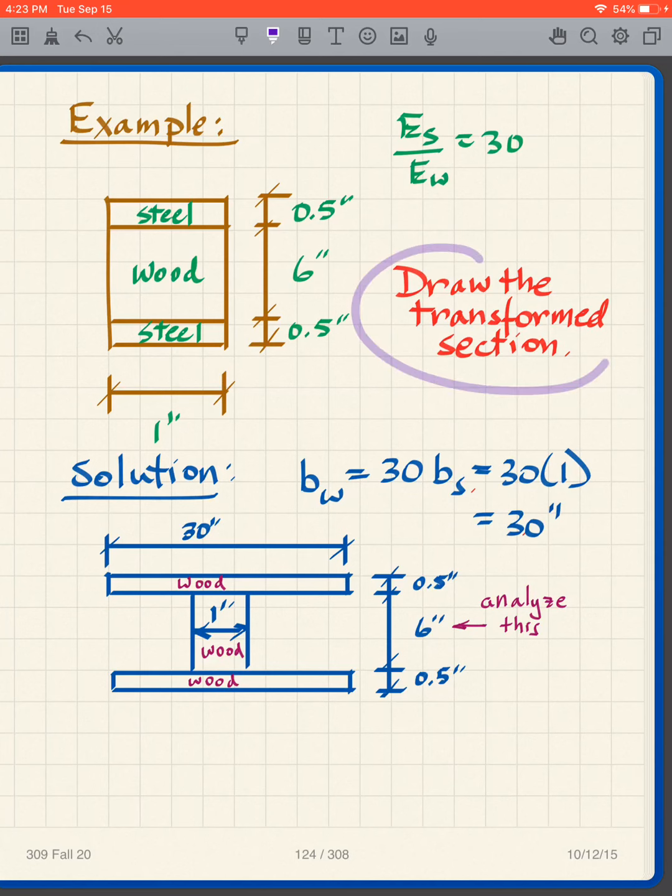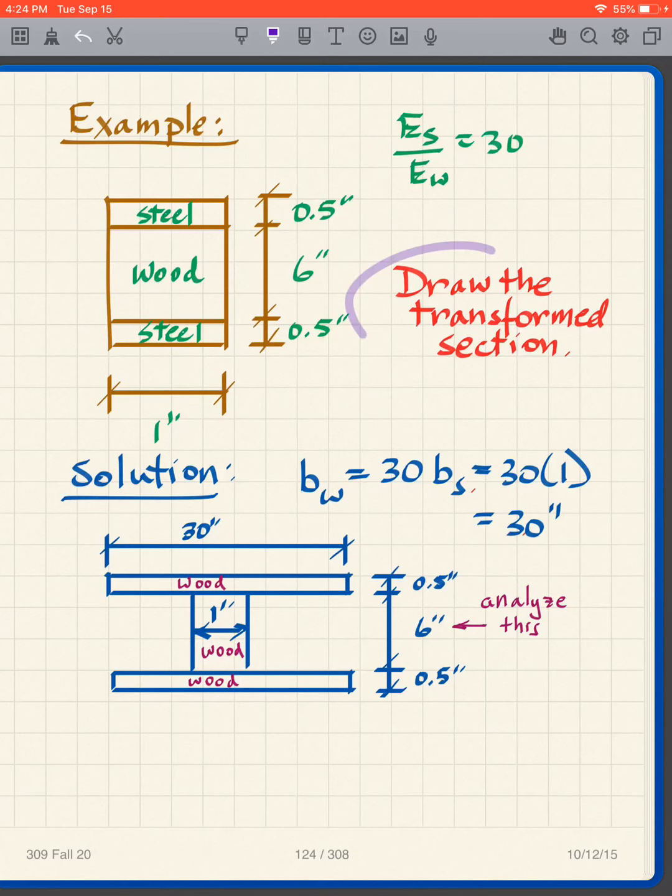So here's a simple problem. We're going to call this the transformed section. This is important. We're going to transform the section and create our all-wood beam. So here is my original cross-section with steel and wood. I'm giving you this ratio of the Young's moduli. 30 is the ratio of E steel to E wood.